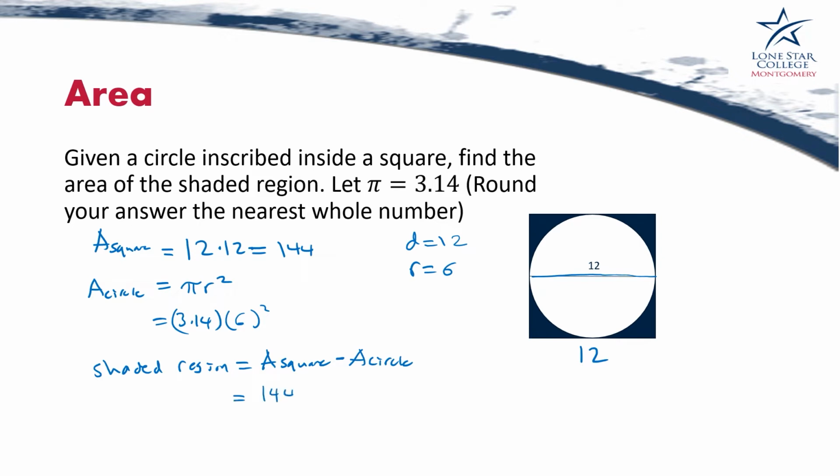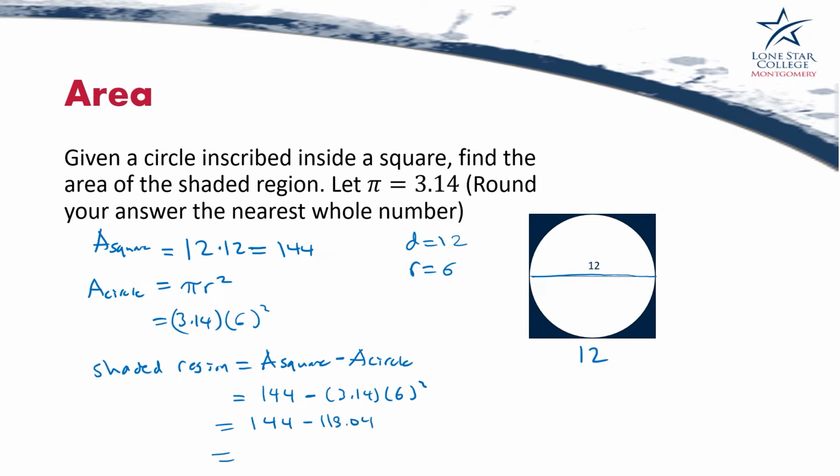So 144 minus 3.14 times 6 squared. So we use our calculator here: 6 squared, we know, is 36, times 3.14. That's 113.04.